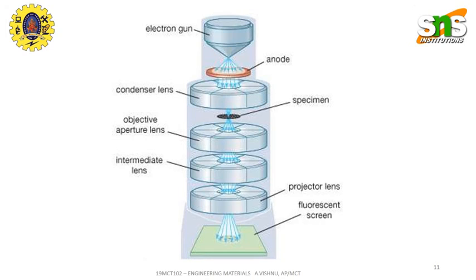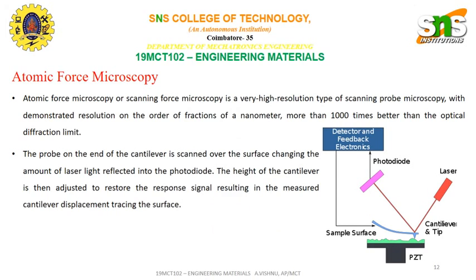The beam passes through the tissue or any layer of specimen placed there and penetrates it, and the objective lens captures that image and passes it to the intermediate lens and the projector lens, which makes the beam fall on a fluorescent screen to make a perfect recording of the structure of the specimen placed between the condenser lens and objective aperture lens.